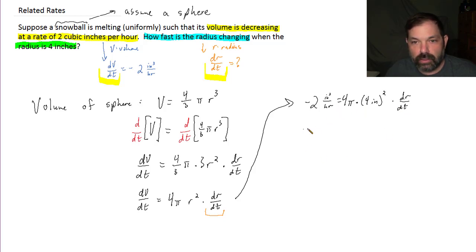If we simplify this a little bit, we've got -2 cubic inches per hour is equal to 4 squared is 16, 16 times 4 is 64 pi inches squared times dr/dt. And so now I'll divide both sides of the equation by the 64 pi inches squared.